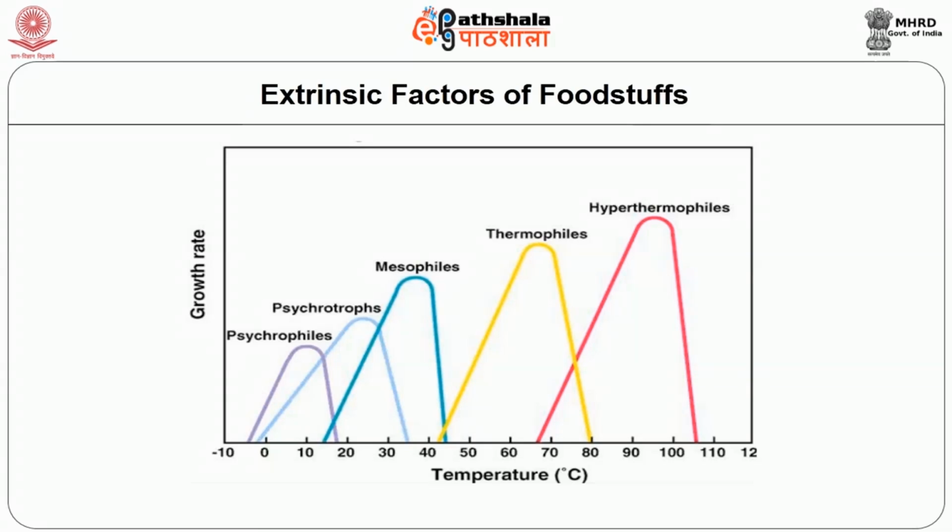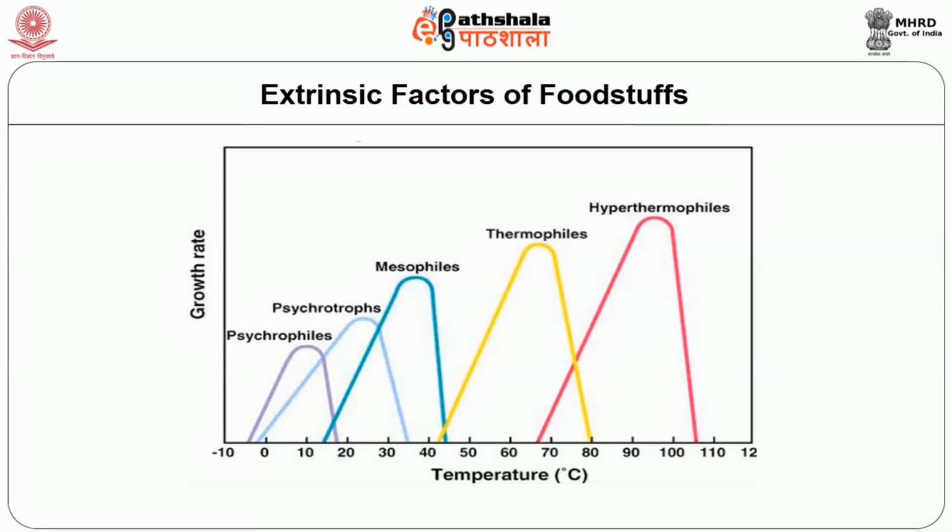Mesophiles are those microorganisms that grow well between 20 and 45 degrees Celsius with an optimal temperature between 30 and 40 degrees Celsius. Thermophiles are those microorganisms that grow well at and above 45 degrees Celsius with an optimal between 55 and 65 degrees Celsius.